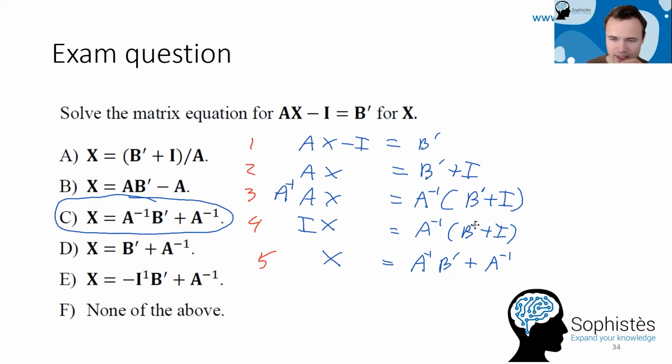Maybe I can add an extra step here. What I can do is write it down like this. A minus 1 times b prime becomes a minus 1 times b prime, and a minus 1 times I becomes a minus 1 times I. So maybe now you understand this step better.